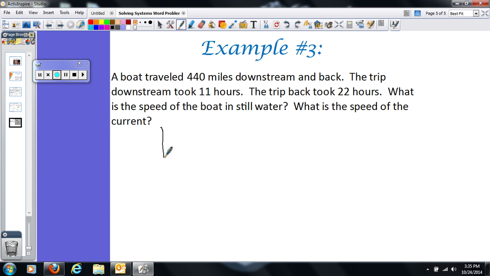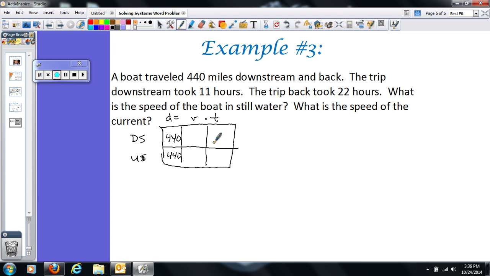So again, distance, rate, and time problems, we're going to go ahead and use our box to set up our equations. Makes it a little bit easier, more organized. So I have distance equals rate times time. It says the distance downstream is going to be 440 miles. And we're coming back, so that's going to be upstream, which is also going to be 440 miles.